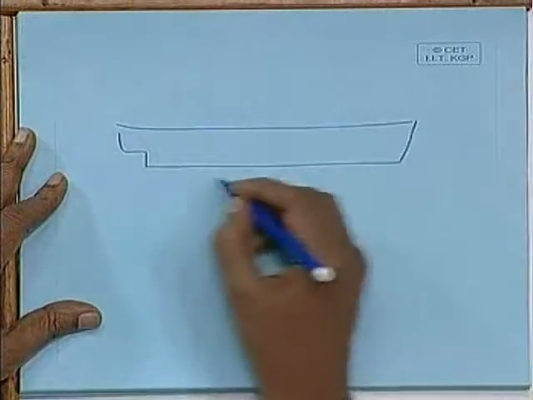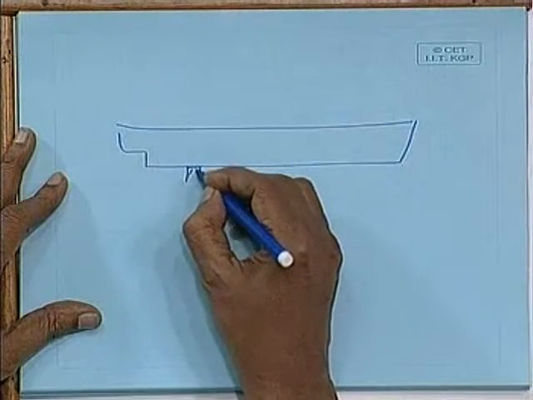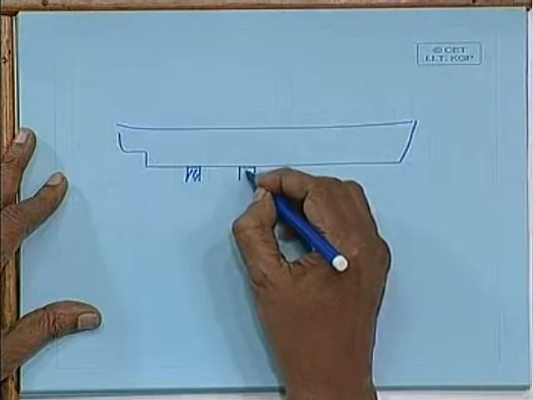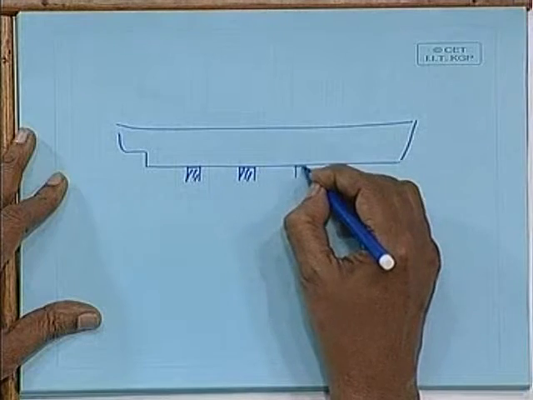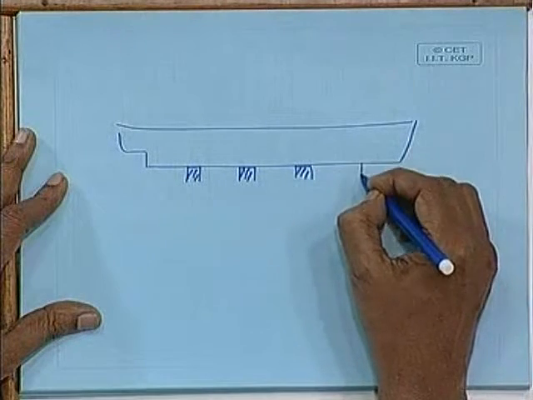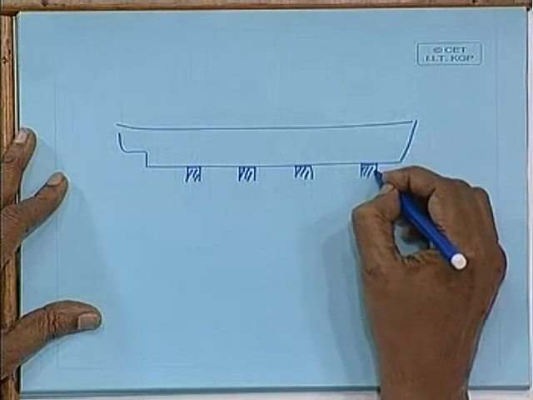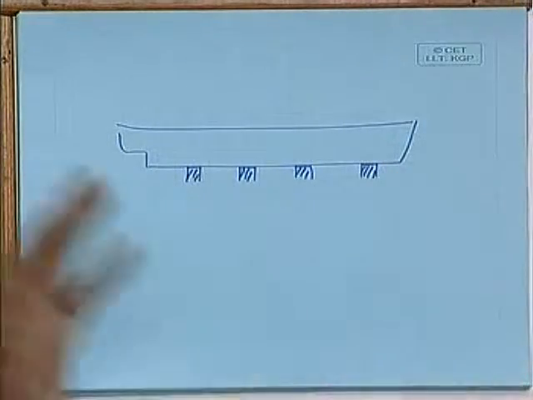Then you also will have concentrated loads such as experienced during dry docking. We are talking of static load. During dry docking, unlike the case when the vessel was floating and the buoyancy was giving you support, here you have the ship sitting on a few blocks.